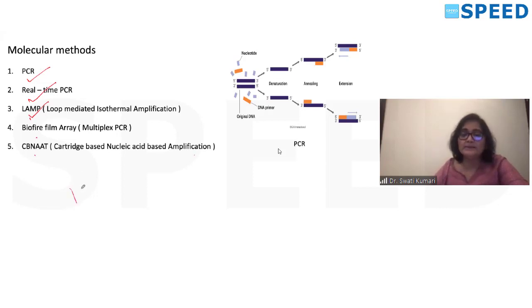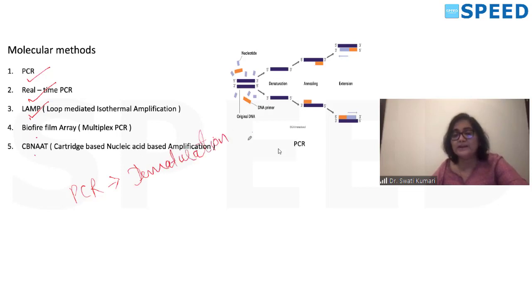In PCR, there are 3 steps. You denature the DNA first. So first will be denaturation, which happens at higher temperature, about 95 degrees centigrade. Then the next step, annealing.